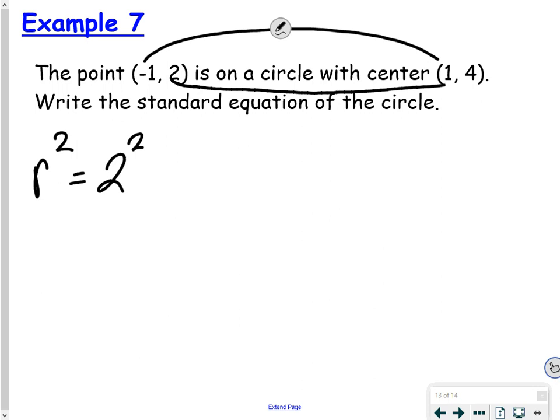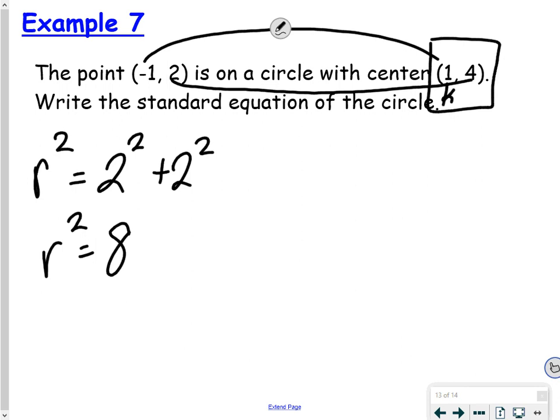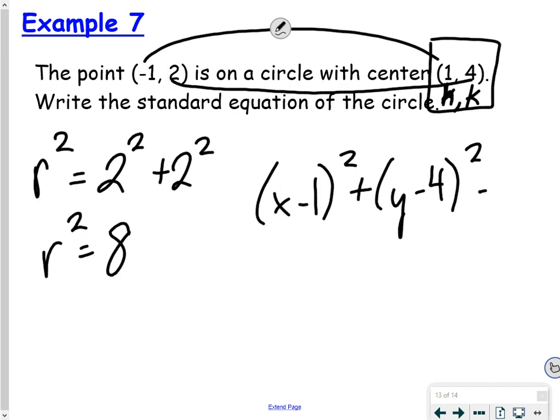The difference between 2 and 4, that's another 2 units. 2 squared plus 2 squared is just 4 plus 4, so all we need is that 8 to write an equation. We've got the center, our h comma k. Now we're going to plug the center point and the radius in, so we get x minus 1 squared plus y minus 4 squared equals 8.